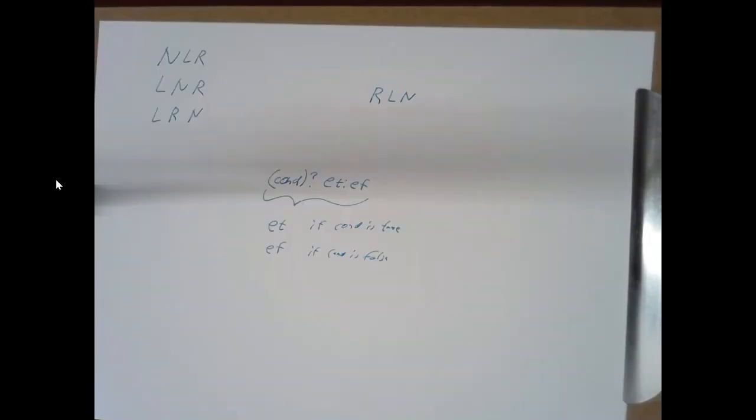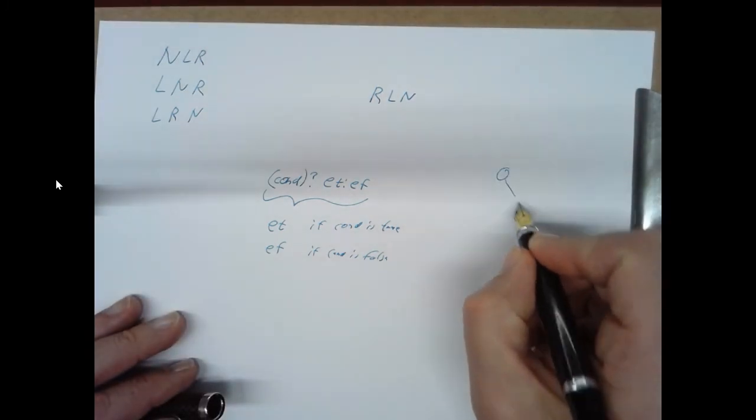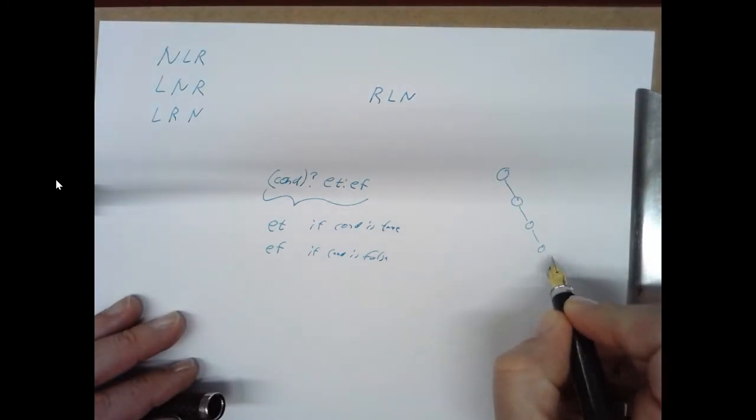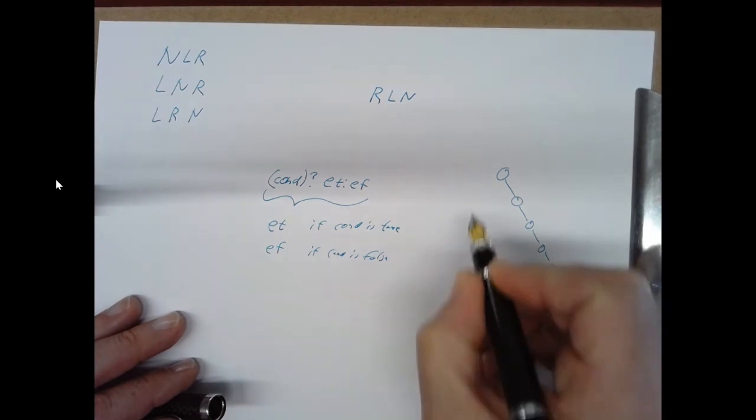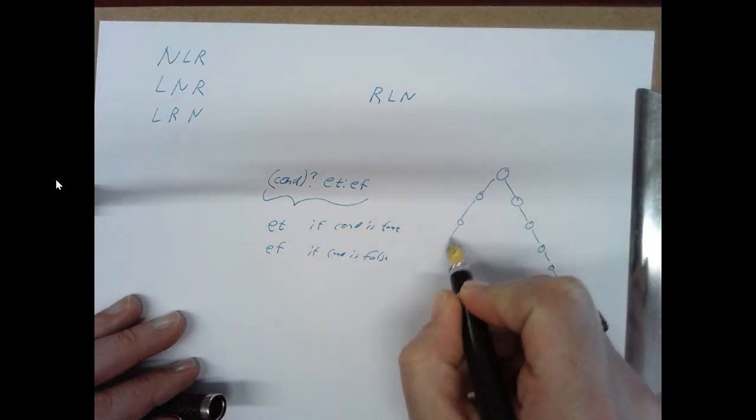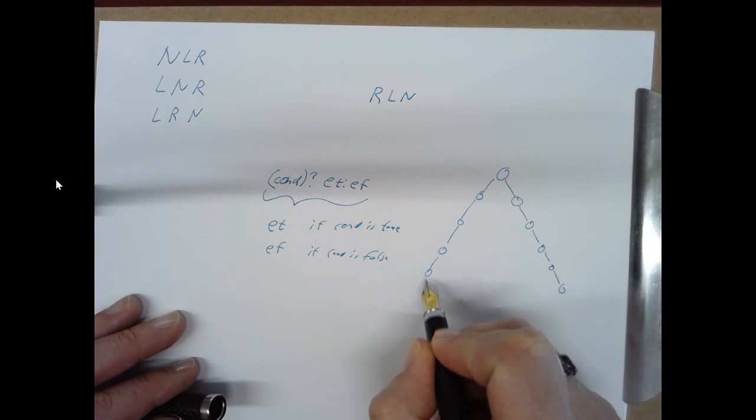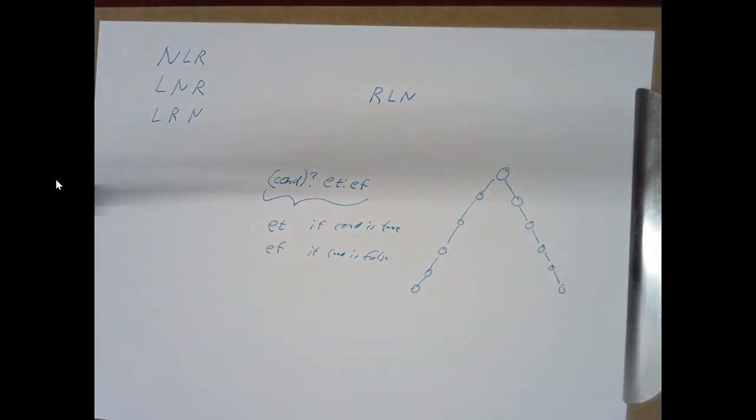So balance is more complex than just comparing the height of your left and right children. And the example that we gave when we talked about this was this. The left and right subtrees have exactly the same height, but this is absolutely not balanced, right? It's not full at the upper levels.